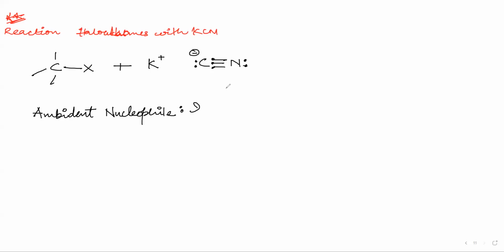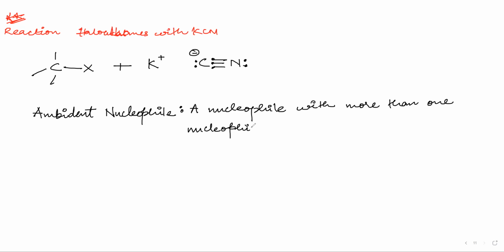Because it is a nucleophile with more than 1 nucleophilic center. So CN is a nucleophile which has more than one nucleophilic center.